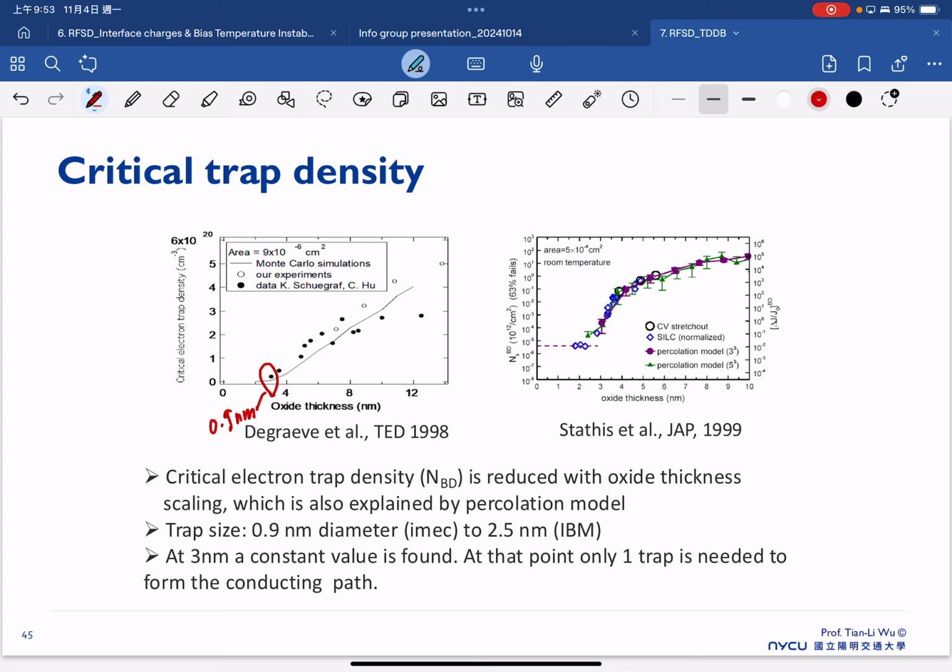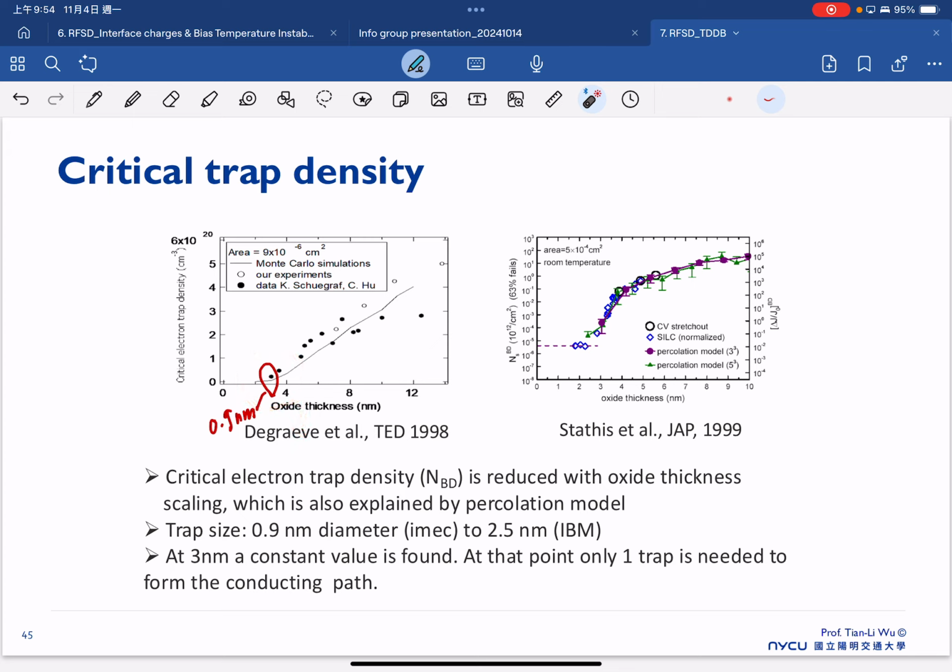So it's a very critical concern, because that also suggests that we cannot continue to decrease our dielectric, right? There is a physics limitation: beyond a certain thickness, we only need one trap to form the percolation path. So that means in any case, you will have very serious TDDB issues.